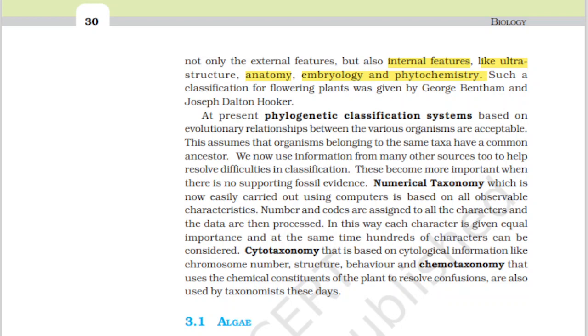So before, it was morphological characters like color and all this. Here we go in deep, apart from the external features, we are also taking into consideration internal features, ultrastructure, even cellular level, anatomy, embryology, phytochemistry. This is called the natural system of classification. Such a classification for flowering plants was given by George Bentham and Joseph Dalton Hooker.